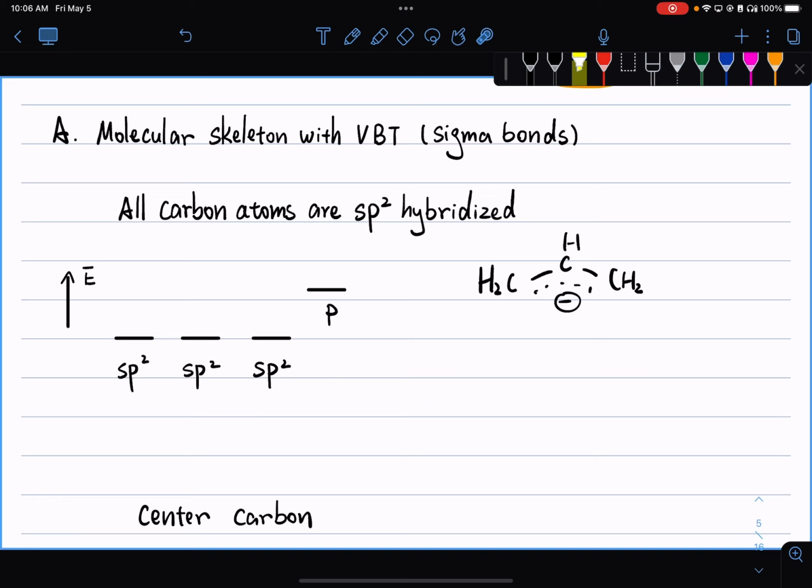In this case, let's look at the center carbon first. The center carbon is sp2 hybridized: 1, 2, 3, 4. So we have 4 electrons on the center carbon. These sp2 atomic orbitals will be used to make sigma bonds.